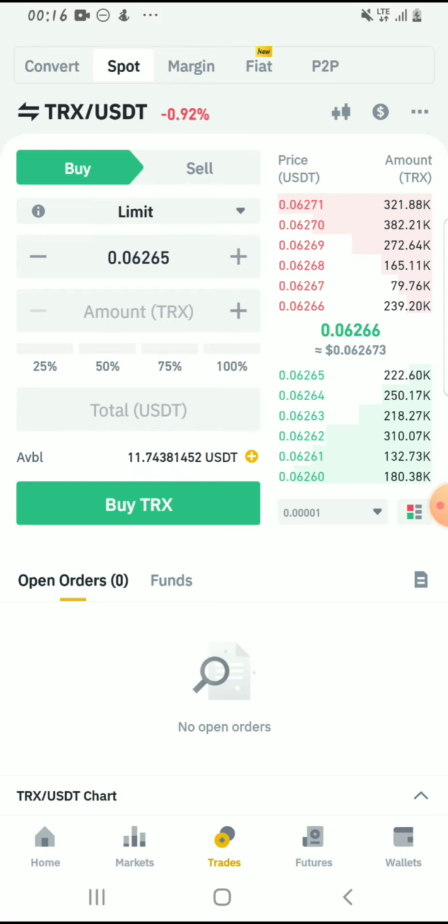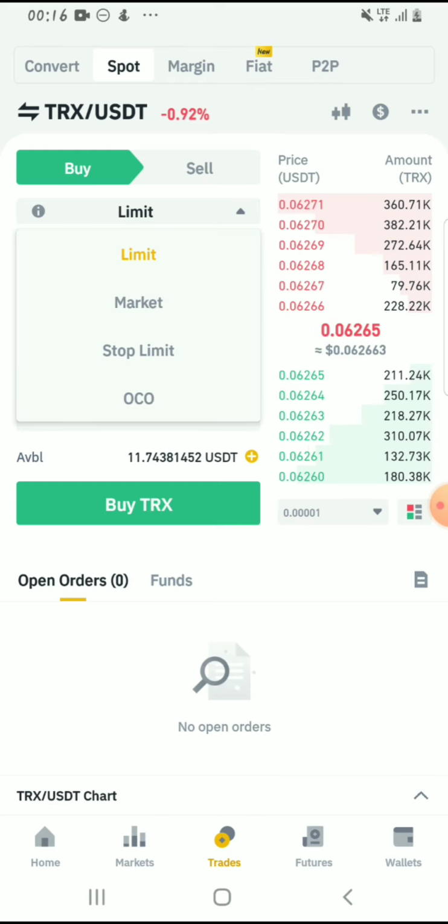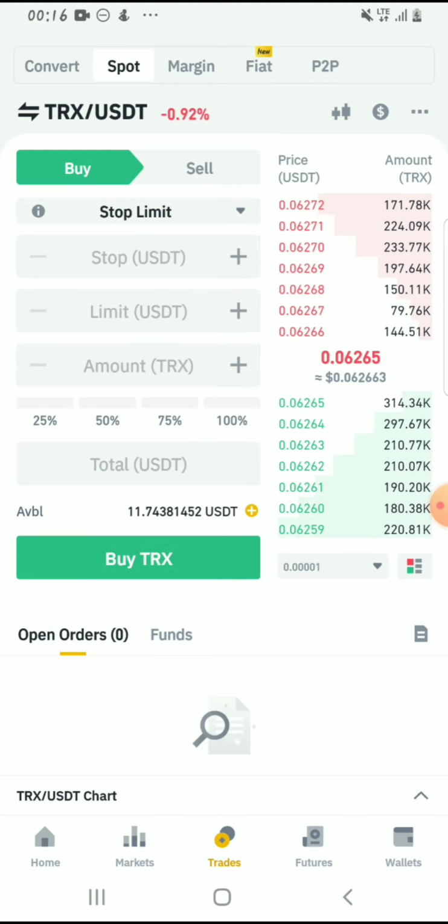Understand? So you're going to move over to the next type of order placement, which is a stop limit order. This is a kind of conditional order: if this, then do that. Just a one-way if statement.